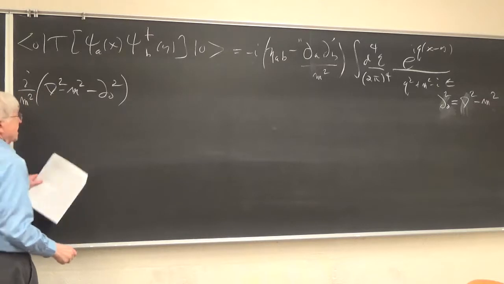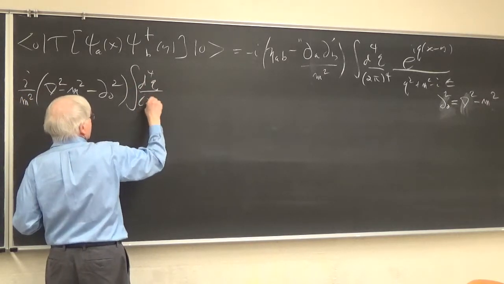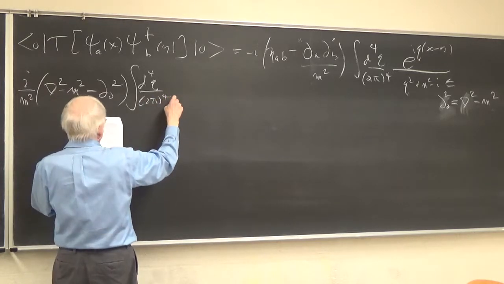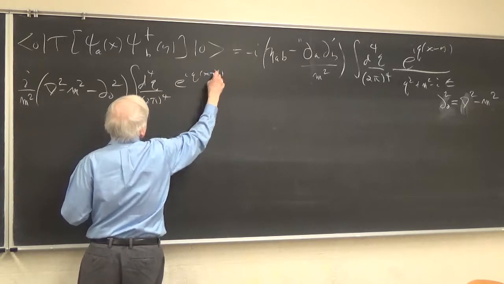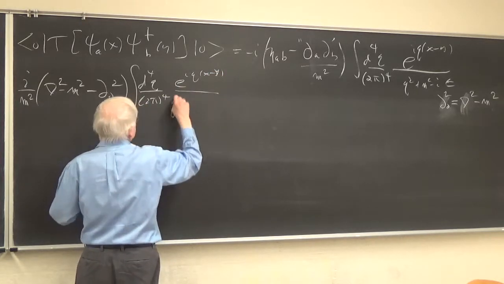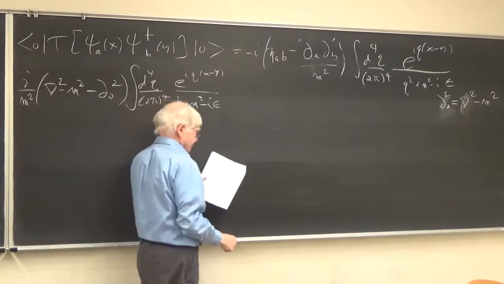What's the difference when this acts on the integral d4q over 2 pi to the 4th, e to the I q dot x minus y, over q squared plus m squared minus I epsilon?